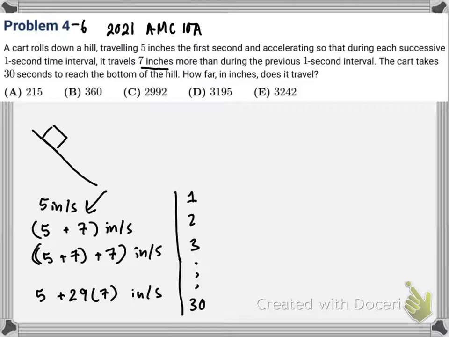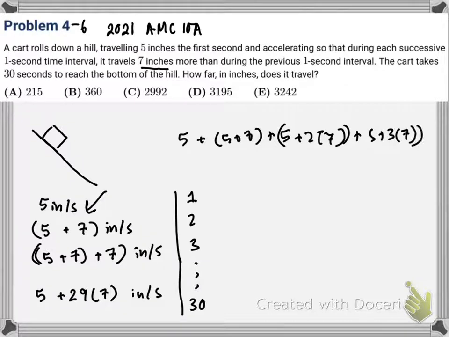So essentially, I can write this as a series. I'm going to write this as a sum. So I've got 5 plus 5 plus 7 plus 5 plus 2 times 7 plus 5 plus 3 times 7.